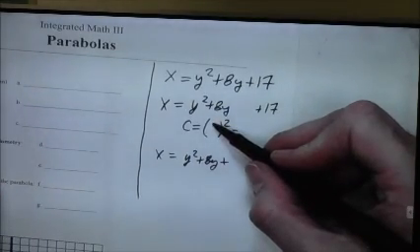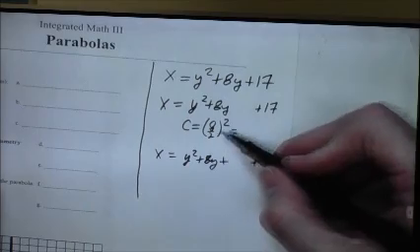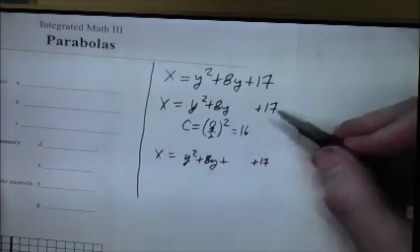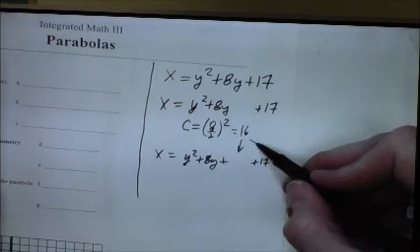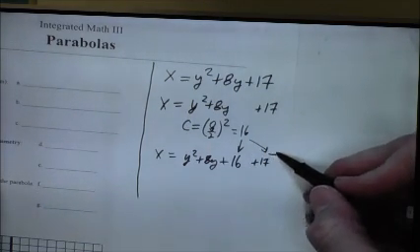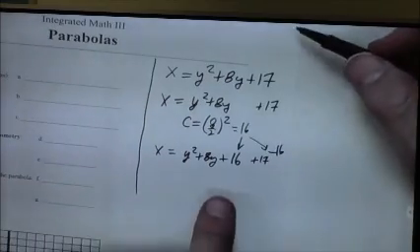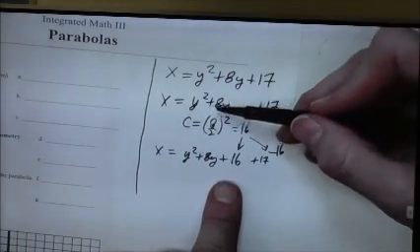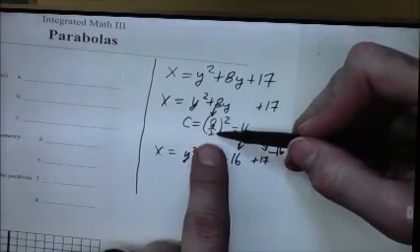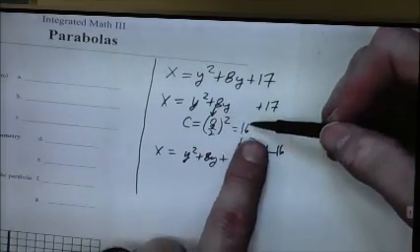If you did that right, you had 8/2, which is 4 squared, which is 16. So what I just did here is I showed that it was the 8, because you need to use that same number and divide it by 2, which is 4, and then square it.